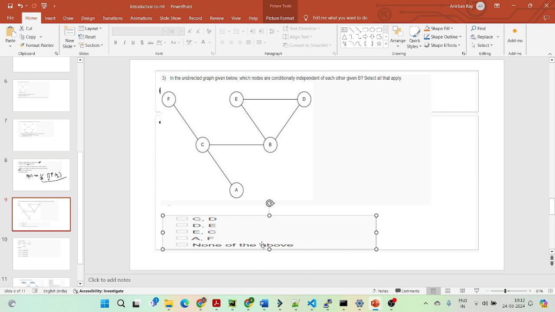This is also quite a simple question. Given B, they are conditionally independent of each other.